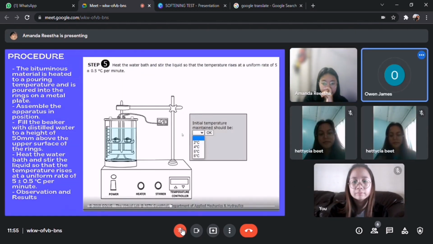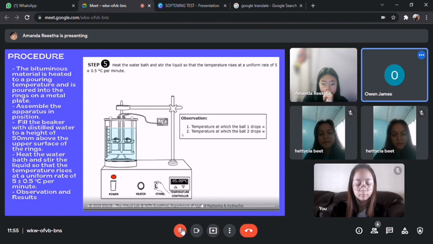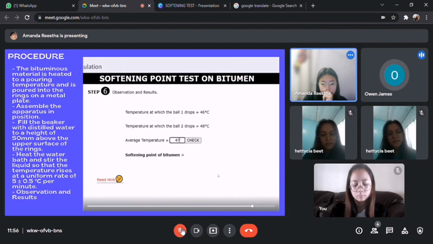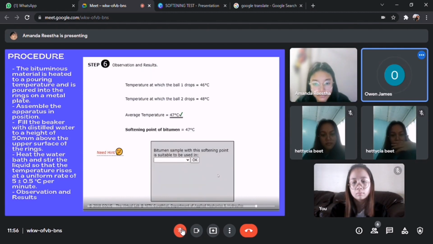Fifth, heat the water bath and stir the liquid so that the temperature rises at a uniform rate of 5 plus or minus 0.5 Celsius degree per minute. That's it. Write your observation and result.